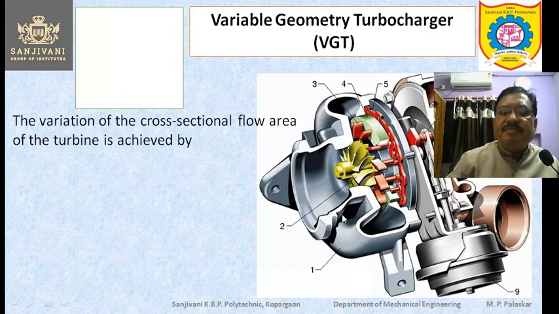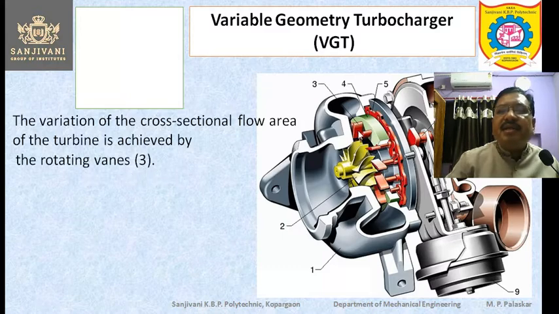So this is the turbine, these are the turbine blades, and these are the vanes. See, 1, 2, 3, 4, 5, 6. The variation of the cross-sectional flow area of the turbine is achieved by the rotating vanes. 3 indicates the rotating vanes. So these are the rotating vanes.